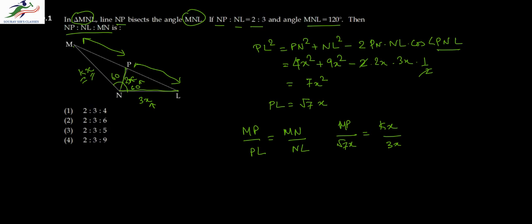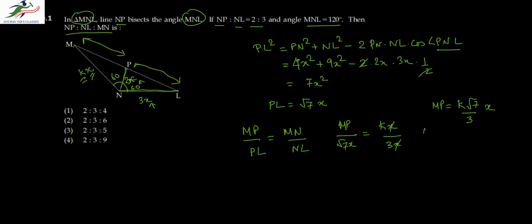So we can see that x and x cancel out, and we can say MP is equal to k into root 7 by 3 x. So we have to find the value of k from here.